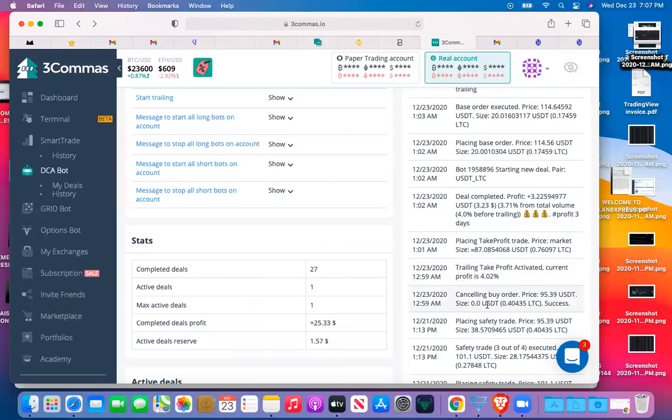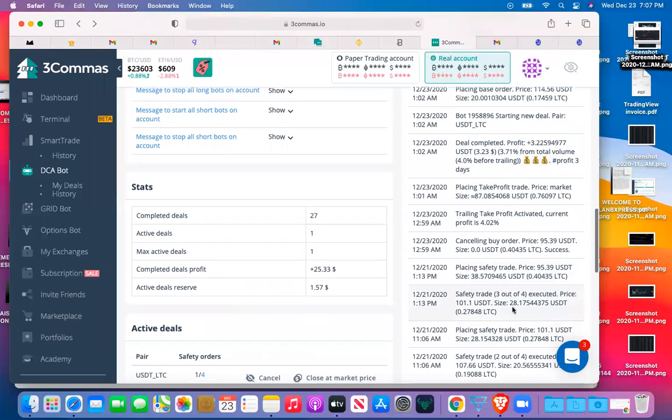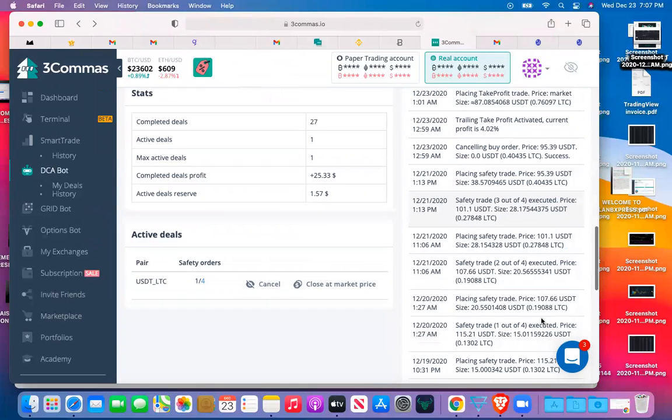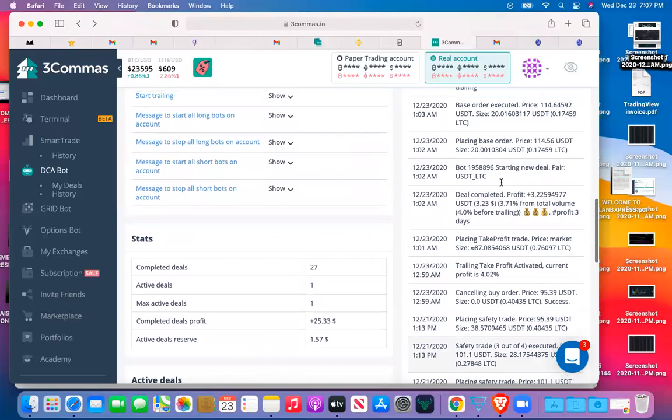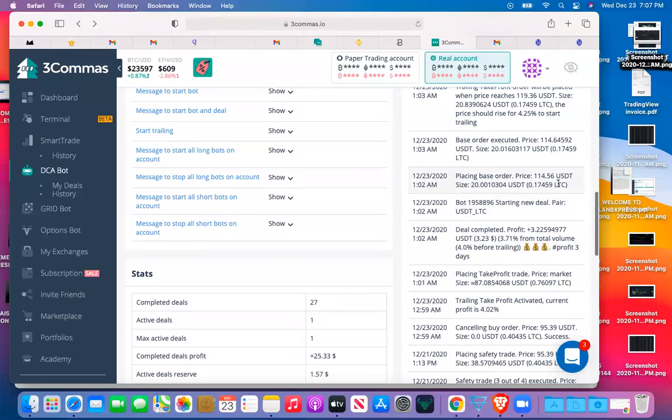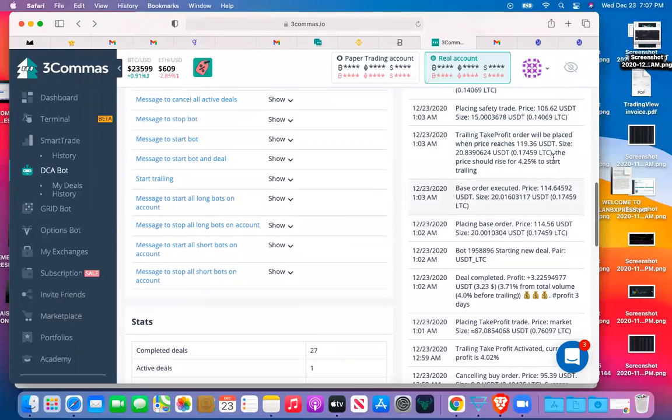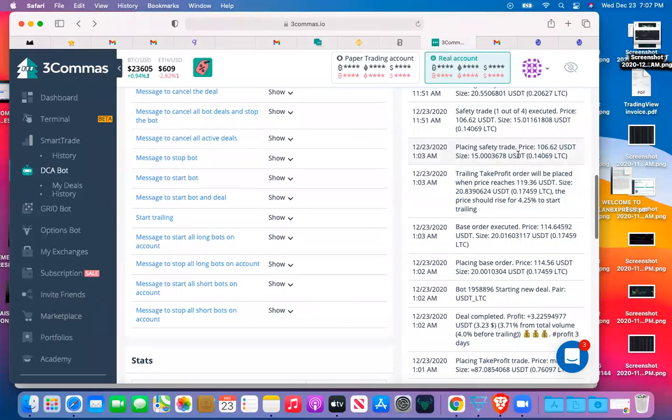Trailing take profit, canceling order, so it was able to buy. So in that order, it buys at $101, and there we go. Take profit, placing order at this price, order executed at this, trailing.